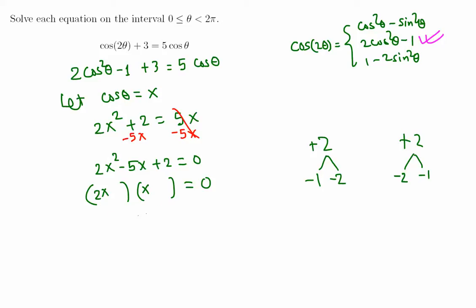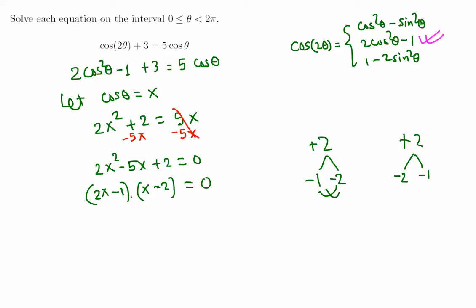So if we put 2 here, 2 times 2 will be 4, and 1. 4 and 1 make 5. So we're going to use this negative 1, negative 2. If you FOIL this, you get this back. 2x times 2, negative 4x, minus 1x, negative 5x. Negative 1 times negative 2 is positive 2.